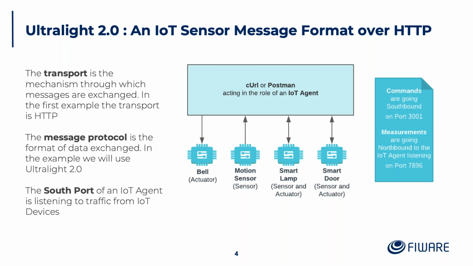Now, in order to get the message passed from the device to this IoT agent layer, you need to have some sort of transport mechanism. The transport mechanism is the way in which the data is passed from A to B. Now, you are all familiar with the HTTP protocol.